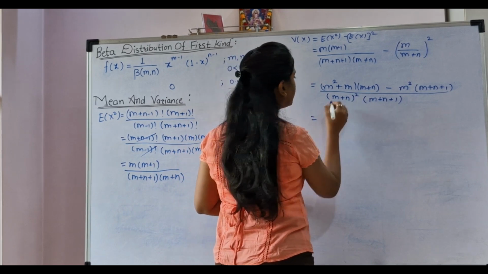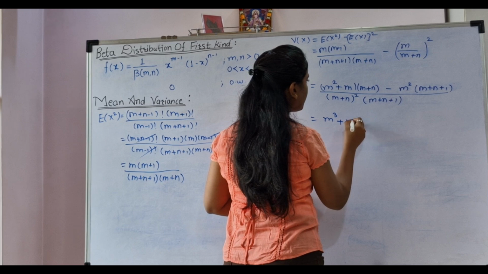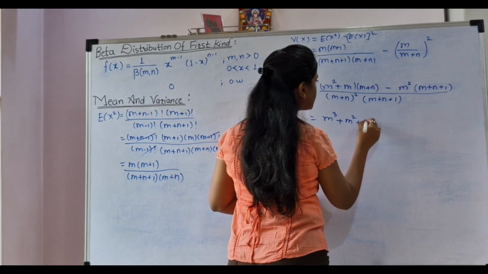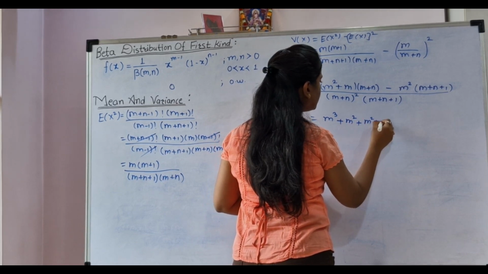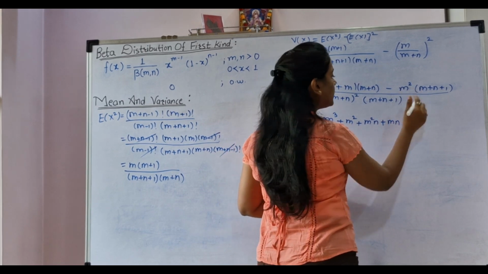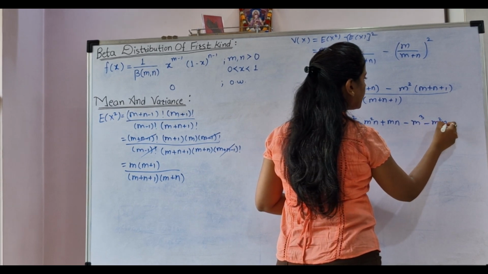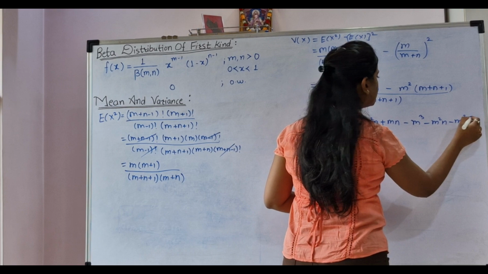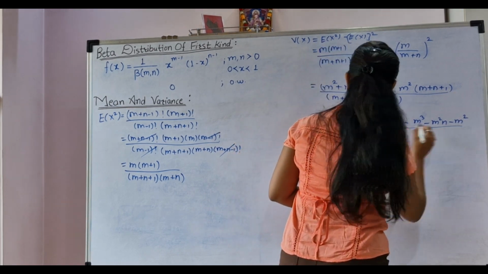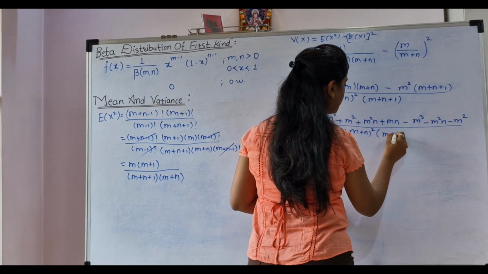So what we will get? It will be m cube plus m square plus m square n plus m into n minus, here we will get m cube minus m square n minus m square divided by m plus n square into m plus n plus 1.